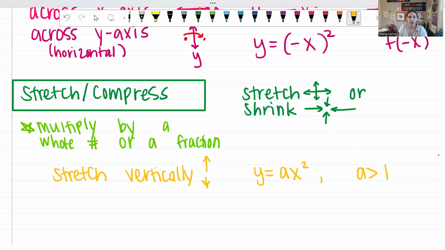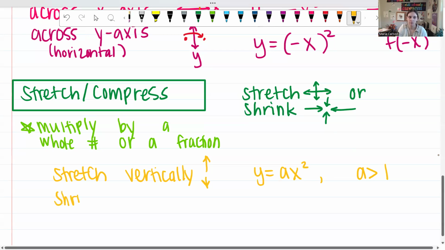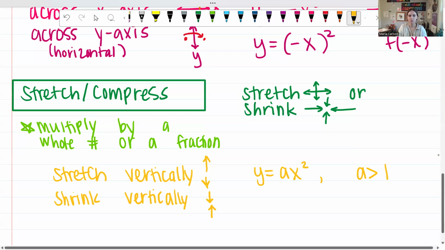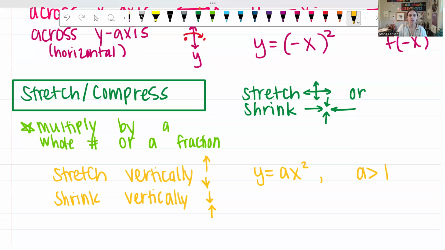All right, now if I want to shrink my graph vertically, that means from the top and from the bottom, I am pushing it in vertically. Always working vertically here if it says to. But if we're going to shrink vertically, we are pushing it in from the top and the bottom.